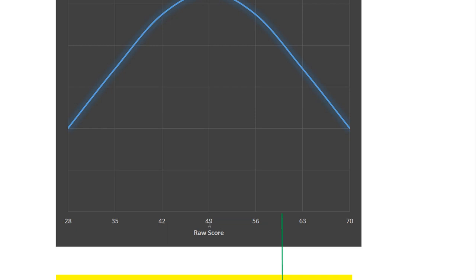Add 7 to 49, we obtain 56, plus 7 is 63, plus 7 is 70, because on the right side it is mu plus standard deviation, mu plus 2 standard deviations, mu plus 3 standard deviations. On the left side, mu minus standard deviation, 49 minus 7 is 42, mu minus 2 standard deviations is 35, mu minus 3 standard deviations is 28.